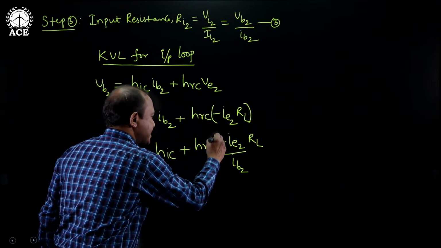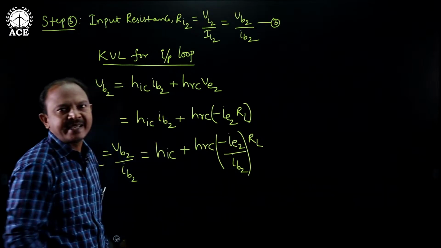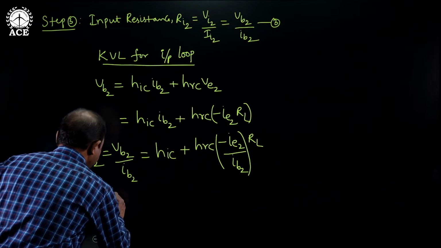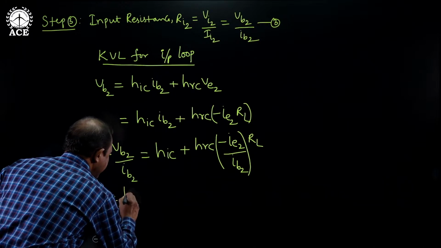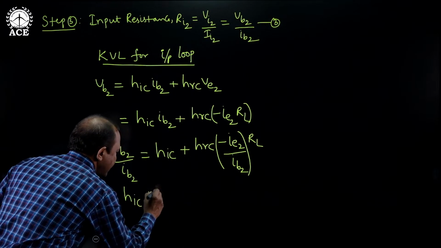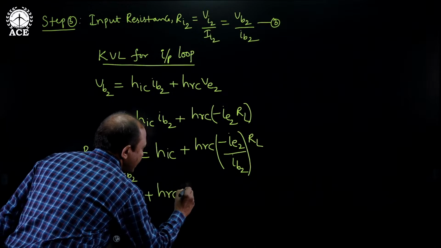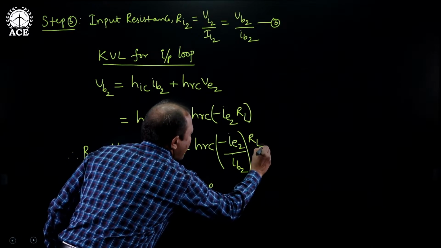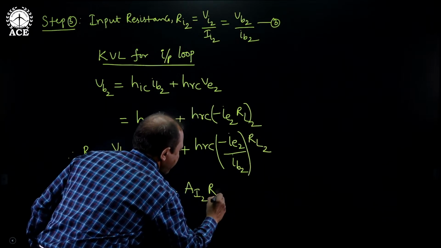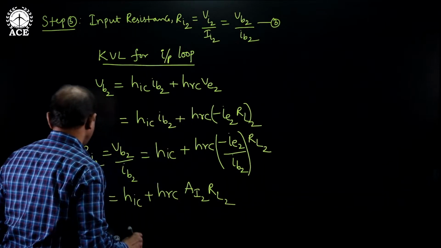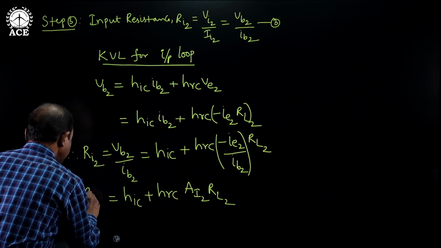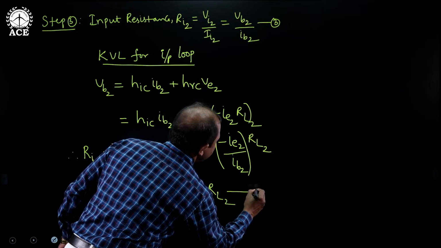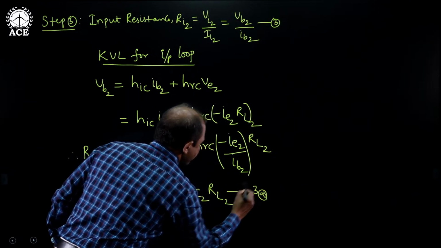But we know minus IE2 by IB2 is nothing but AI, current gain. Just before this we have estimated that. That means we can rewrite this equation as HIC plus HRC into AI2 RL2. This is the reference equation for input resistance.